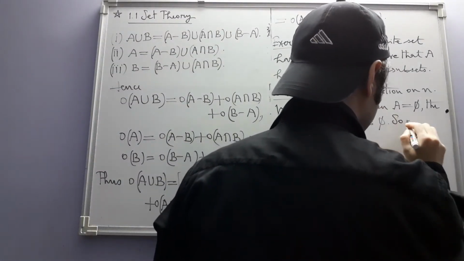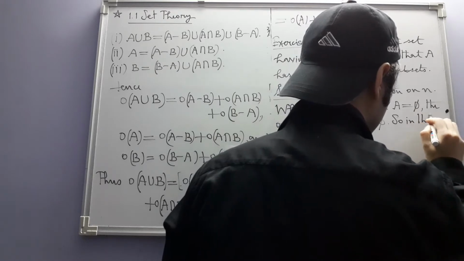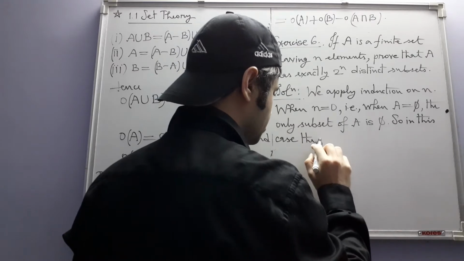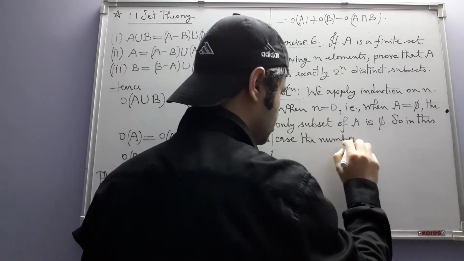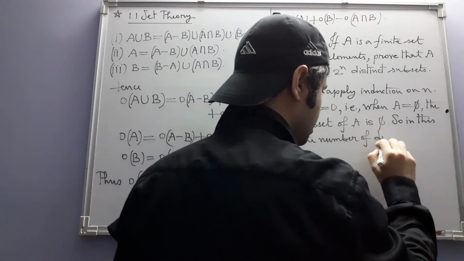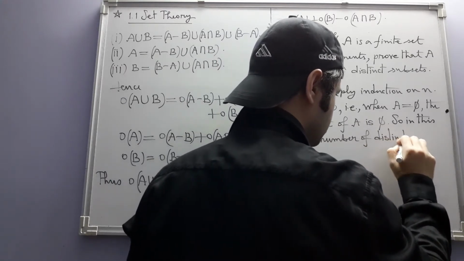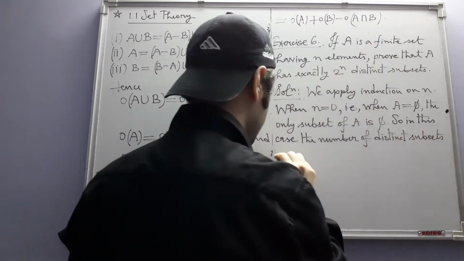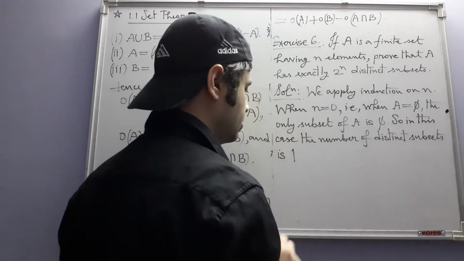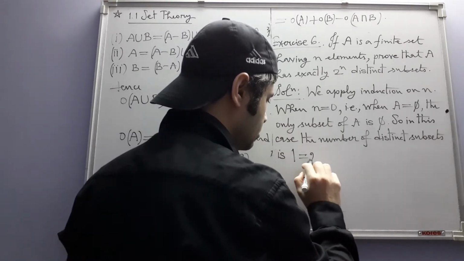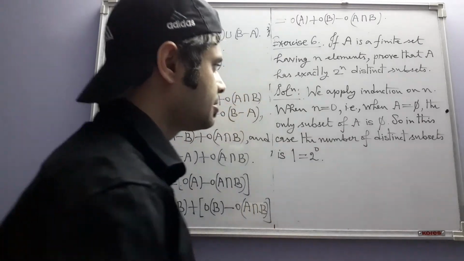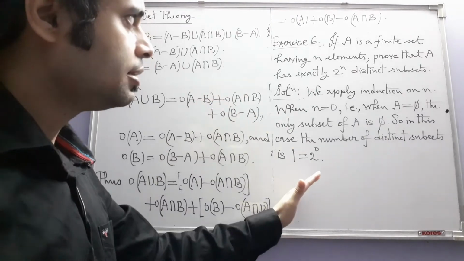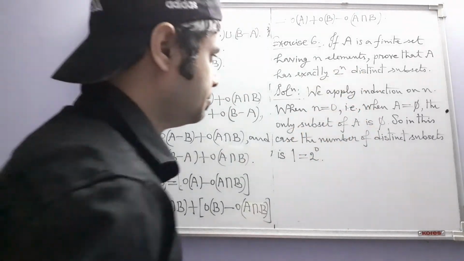So in this case, the number of distinct subsets is 1, which is nothing but 2 to the power 0, and you can see that here n is equal to 0. So when n is 0, the claim is true.